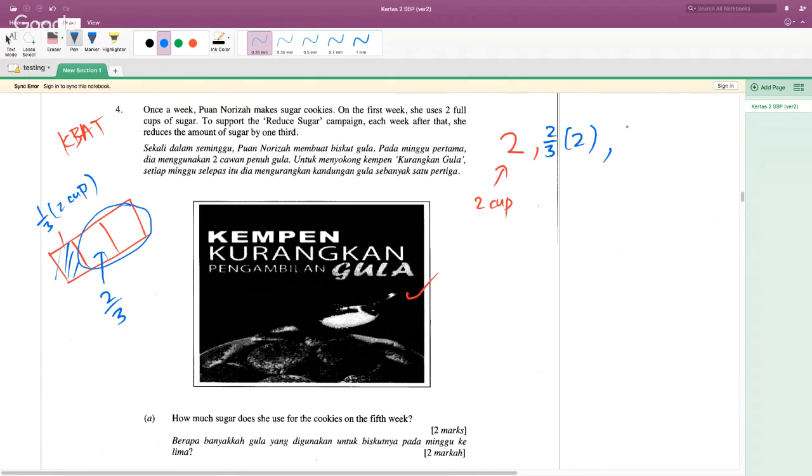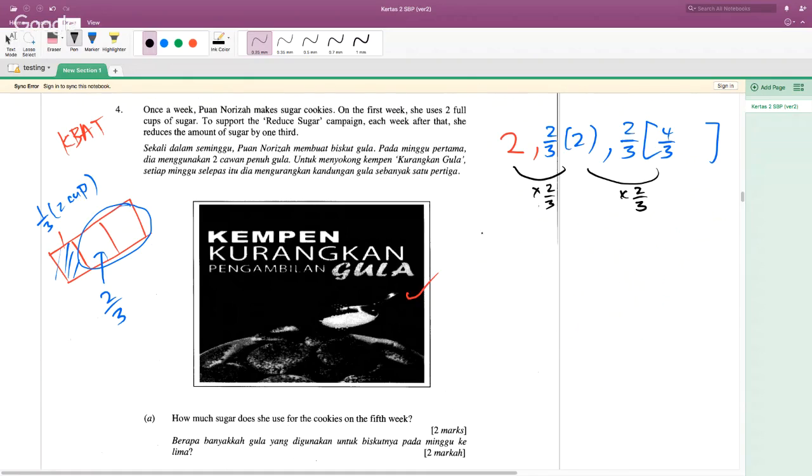And then the next one will be 2/3 multiplied by the previous answer. Let's say the answer we got just now is 4/3, then it will be 2/3 multiplied by 4/3. Because Puan Noriza is going to keep on reducing, they keep on multiplying by 2/3 until infinity.